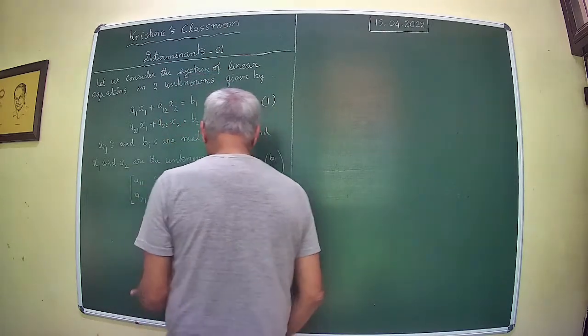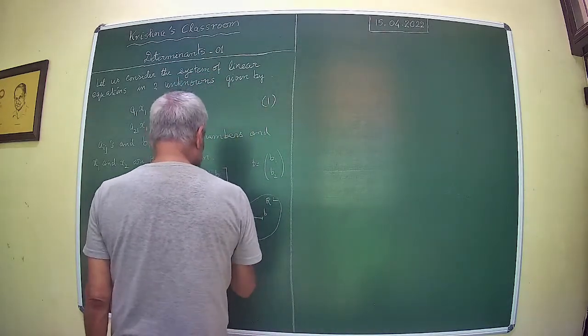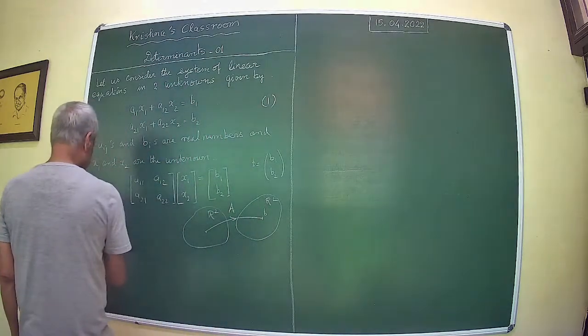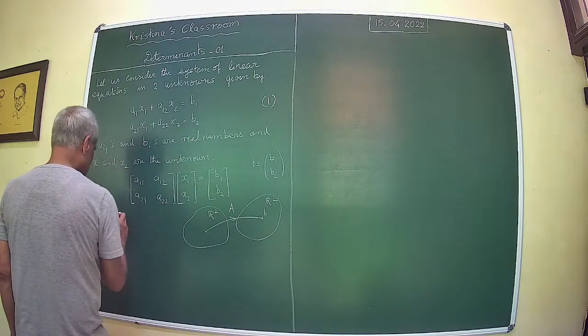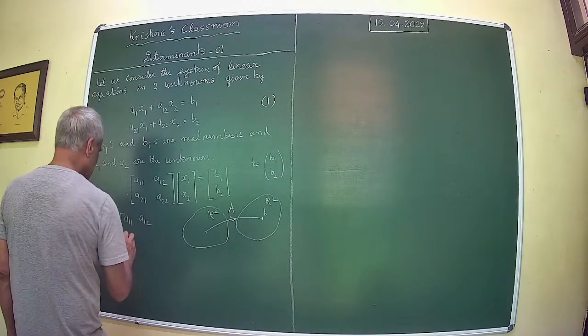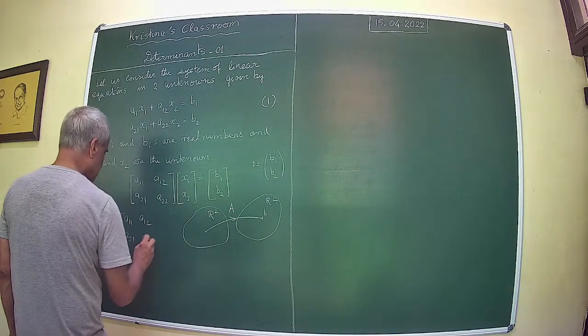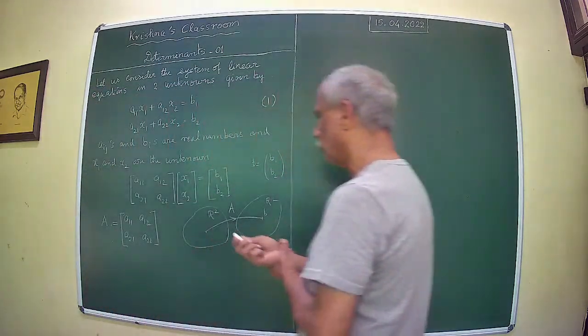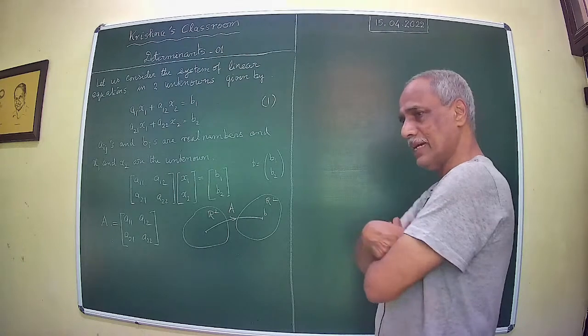And what is given is this A, which you take as A22 represented by the 2 by 2 matrix Aij.